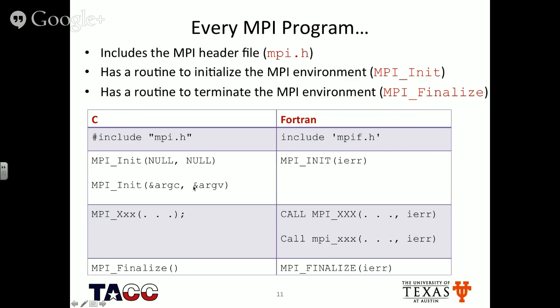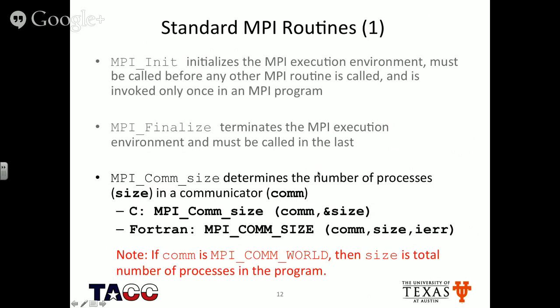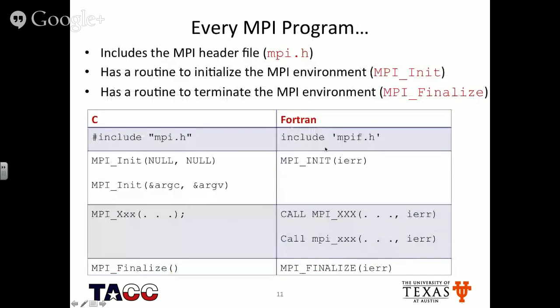And this part here for C is a little bit different than for Fortran, because in C, it always expects arguments. Fortran doesn't expect command line arguments. And so you basically have to repeat the command line arguments for the C program here in the initialization so that they're broadcast to all the different tasks.